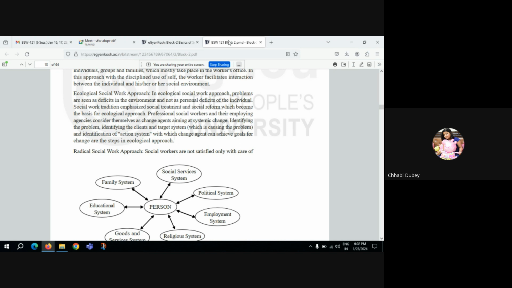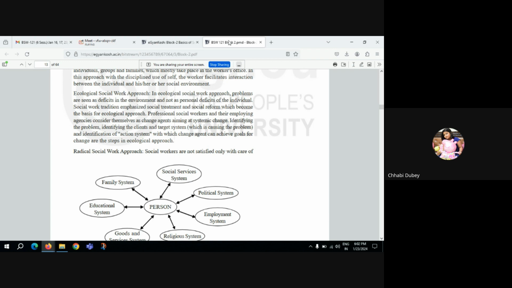After that, we come to the ecological social work approach. Here, problems are seen as deficits in the environment, and not as personal deficits of individuals. This tradition emphasizes social treatment and social reform, which forms the basis of the ecological approach.